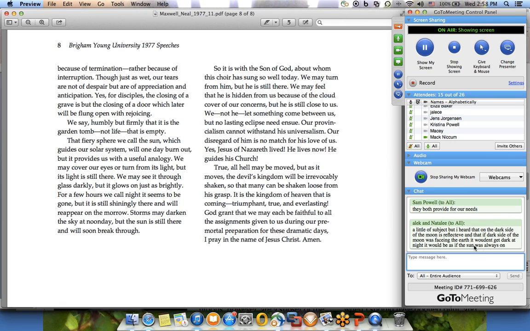I heard that the dark side of the moon is reflective, and if the dark side of the moon was facing the earth, it wouldn't get dark at night. It would be as if the sun was always on. I don't exactly understand that.